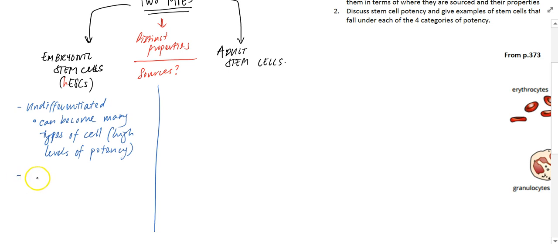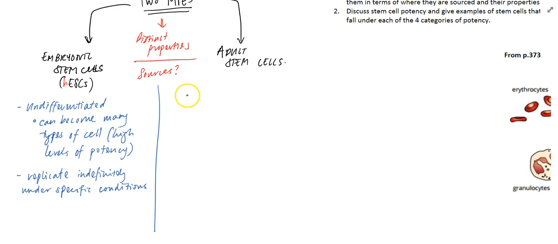What we also know about embryonic stem cells is that they can actually replicate indefinitely under specific conditions. And this particular property makes them really useful in therapeutic applications. So they can replicate indefinitely. I would say these are the main properties of the embryonic stem cells.